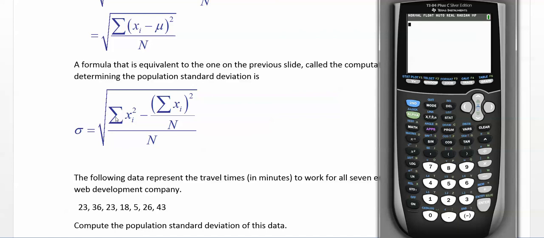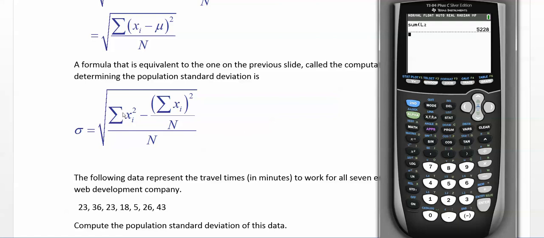I want to sum the squareds. So that would be list 2. So let me go second list, math, and we want to sum list 2. Okay, I get a number. Then I want to sum list 1, but then I want to square that.